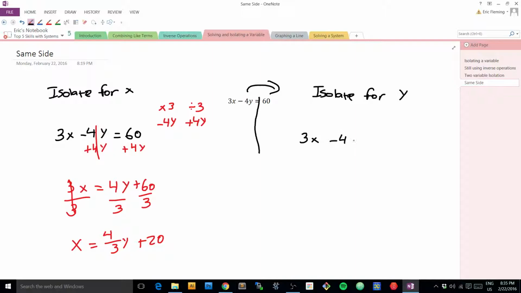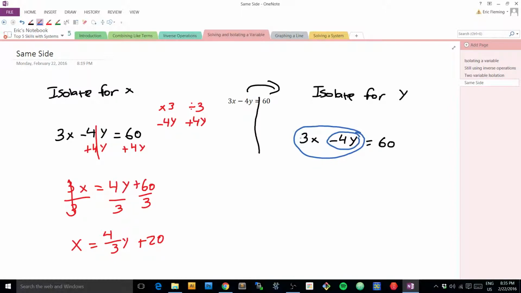3x minus 4y equals 60. So if I look for my inner and my outside layer, this would be my inner layer, and this would be my outside layer. This is going to be rather tricky because we're trying to think about how each of these is affected.